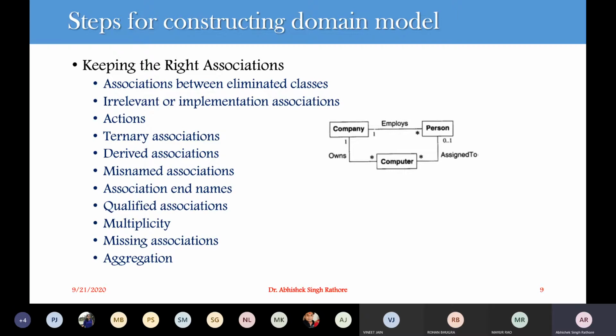If we have a term in our ternary association that is purely descriptive and has no identity of its own, then this term should be included as an attribute on your binary association. So let's say we have an association like company pays salary to person. So we have a ternary association, company pays a salary to a person, and it can be rephrased as a binary association.